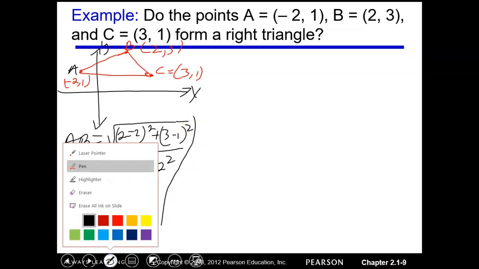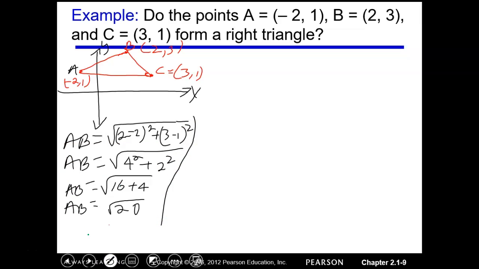And then BC is the square root of, for x, 3 minus 2, plus then the y, 1 minus 3.